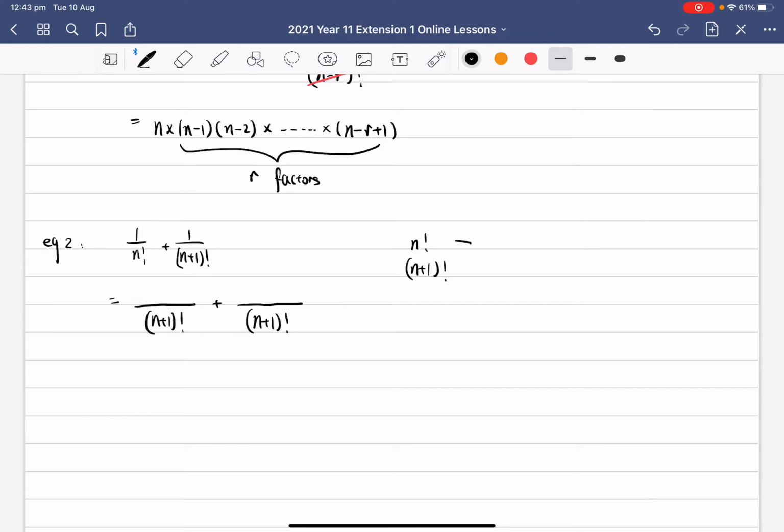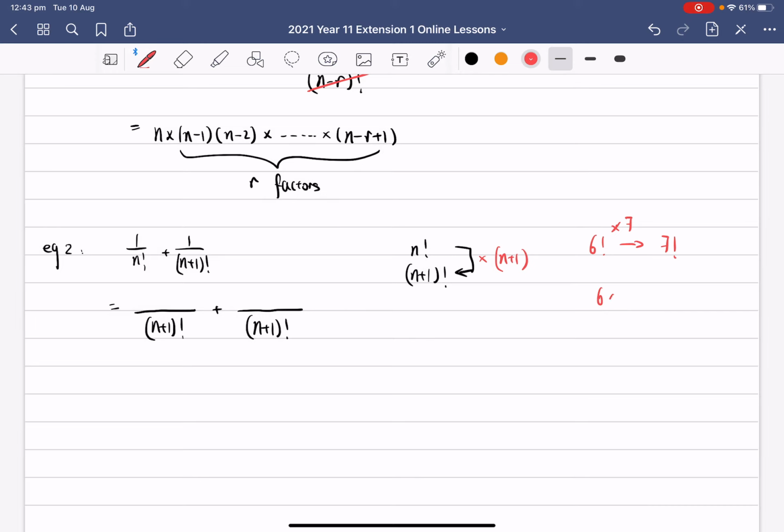So how do we change from n factorial to n plus 1 factorial? Well, if you multiply by n plus 1, you get n plus 1 factorial. It's like if you have 6 factorial but you want to change it to 7 factorial, all you have to do is multiply by 7. If you don't understand this, think about 6 factorial being 6 times 5, 4, 3, 2, and 1, and if you multiply an extra 7 in the front, that gives you 7 factorial.